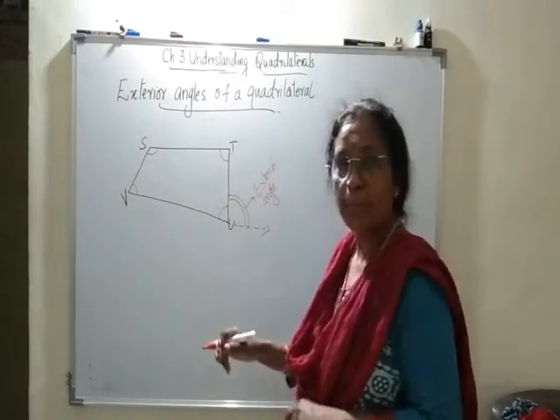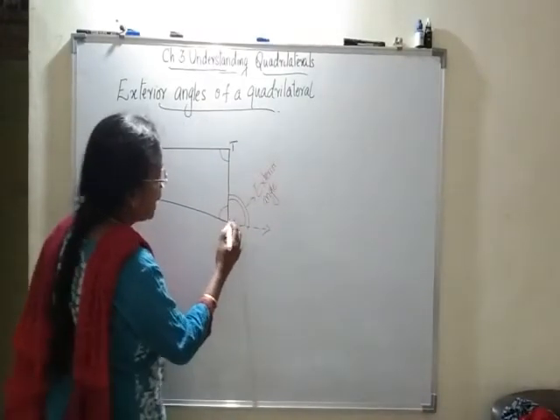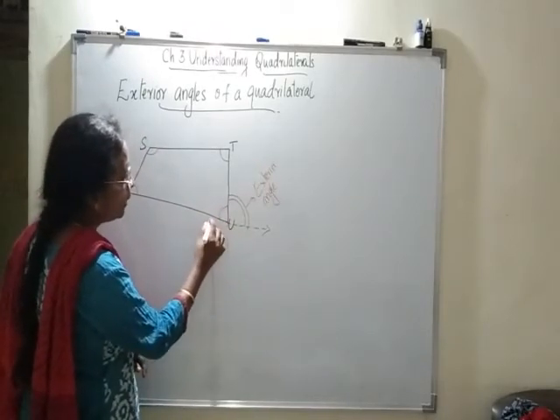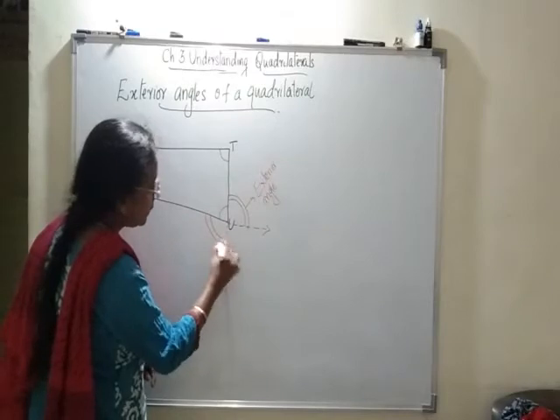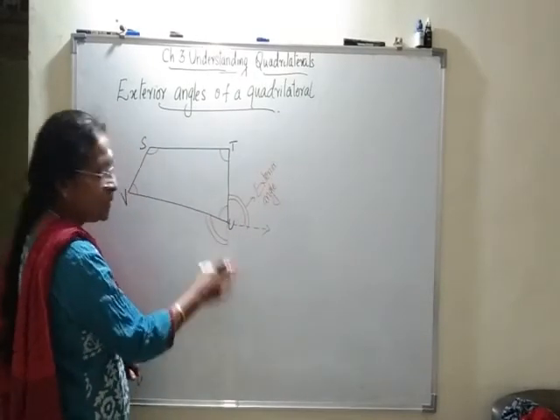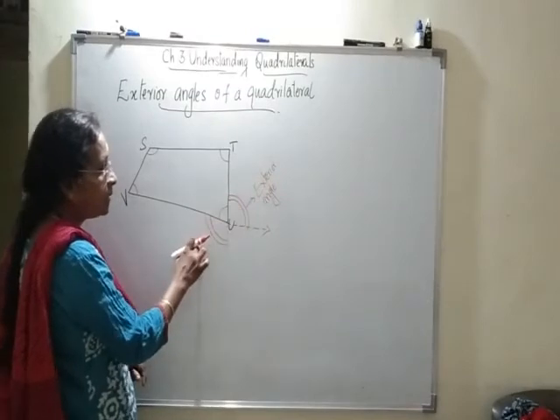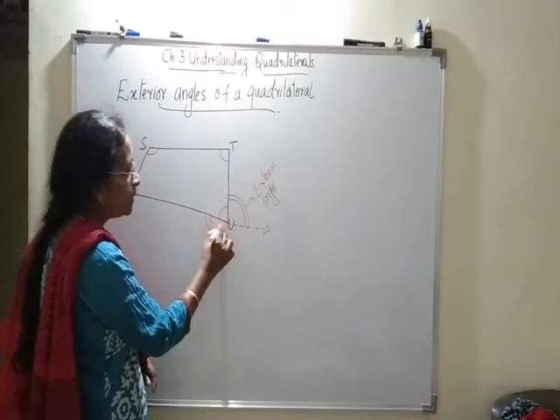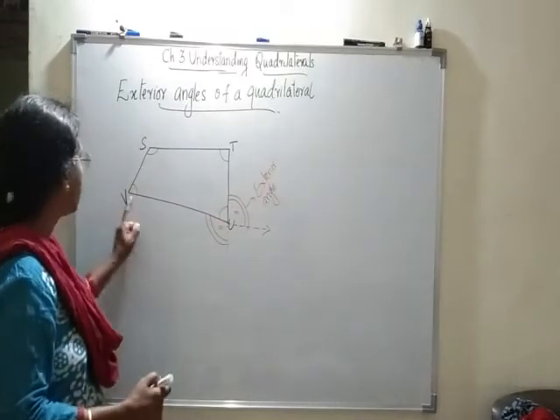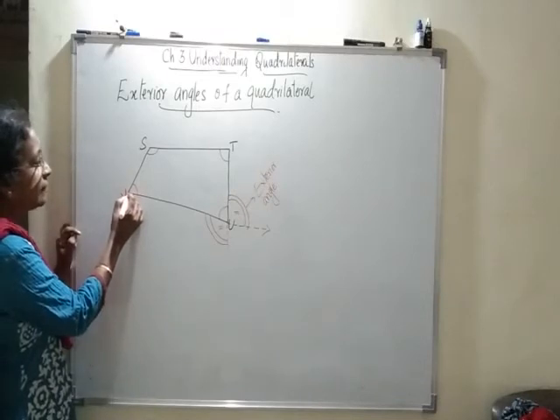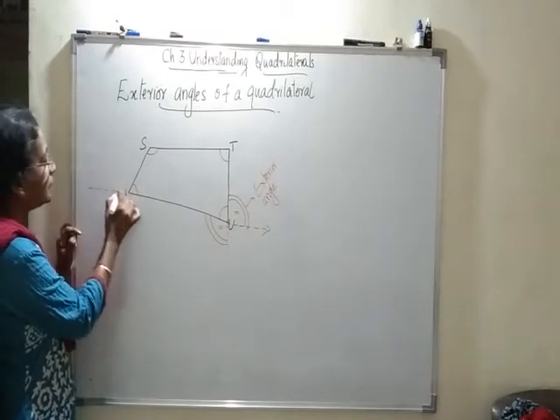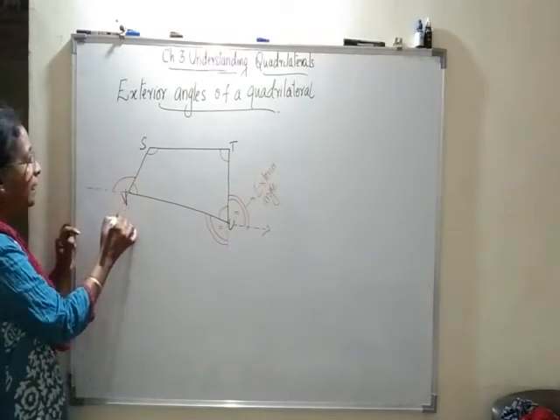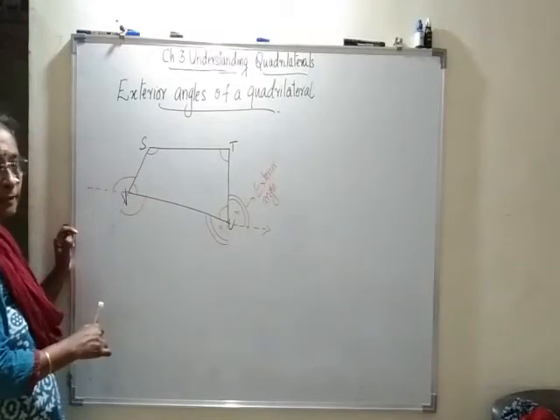Now, at the same point, I mean at this vertex, if you extend this side, here also you get an exterior angle. This side extended and with this one side you get another. These two angles will become vertically opposite. So, these two will be equal. Similarly, at this vertex, if you extend this side, here you get one angle, and if you extend this side, here you will get an angle.